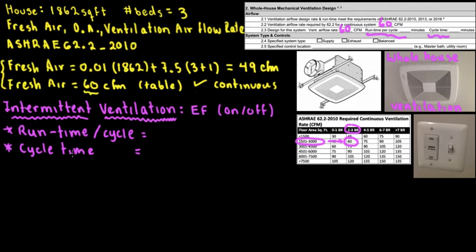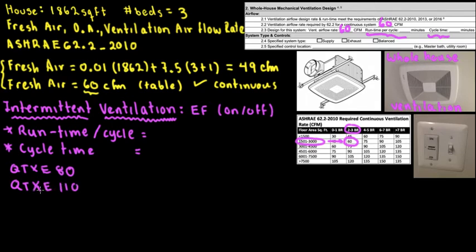In order to calculate the cycle time and run time per cycle, we need to understand this part. The continuous ventilation is 60 CFM. If I need 60 CFM, there are two fans. Let's put in here, as an example, Broan QTXE 80 and Broan QTXE 110.